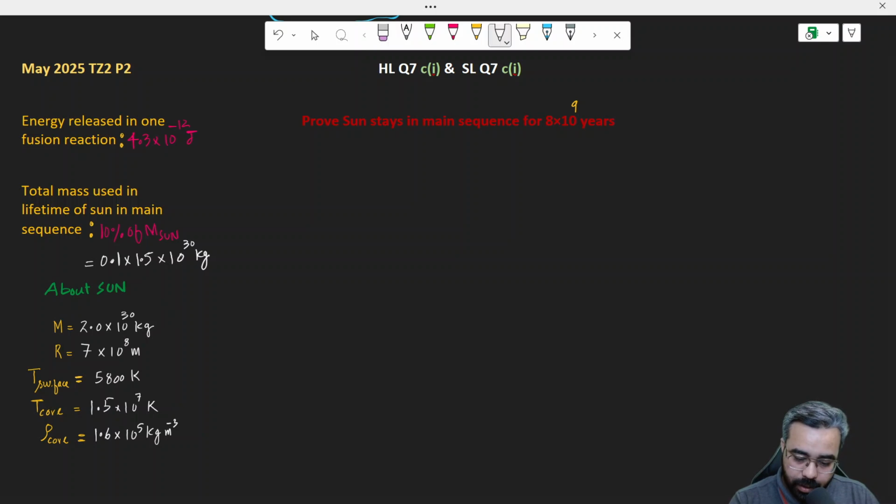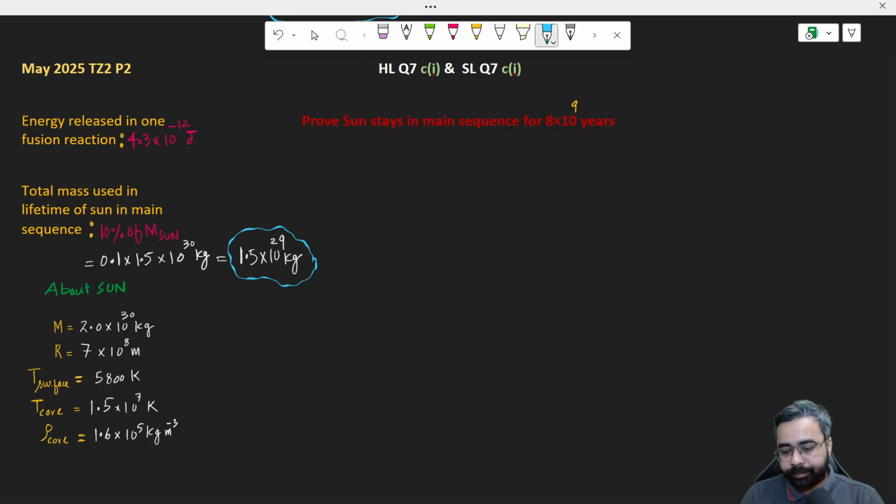But when it will leave the main sequence, dear students, its mass will be 1.5 times 10 power 29 kilogram. This is an important value because this mass is consumed completely to produce the fusion reaction. Now let's develop a logic for finding out the time.